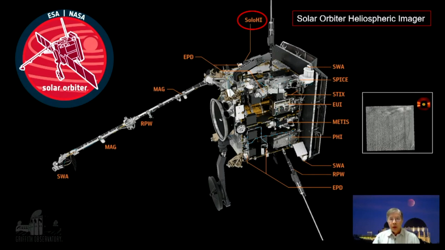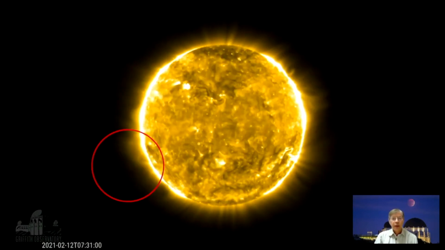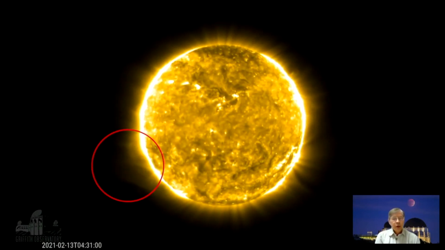So putting all these 3 instruments together, on February 12th of 2021, all these instruments simultaneously observed an eruption from the sun. We'll look at this movie here, combining all 3 instruments.